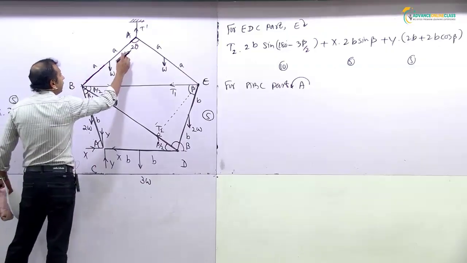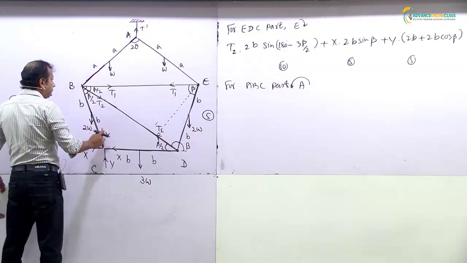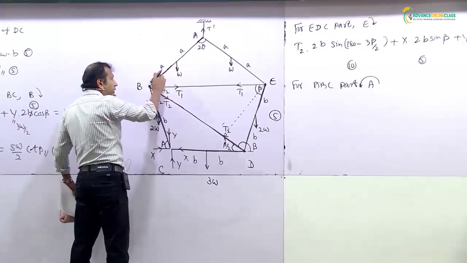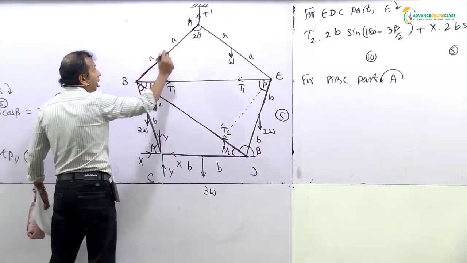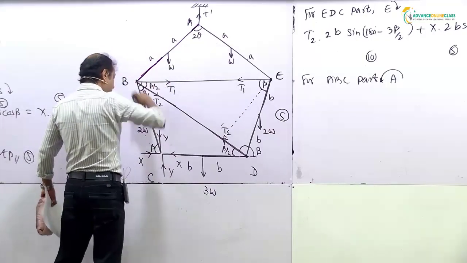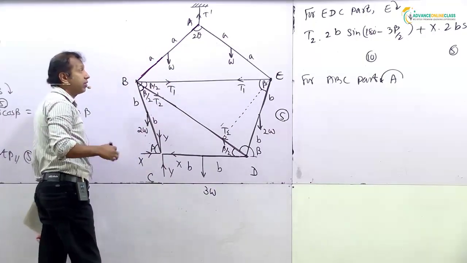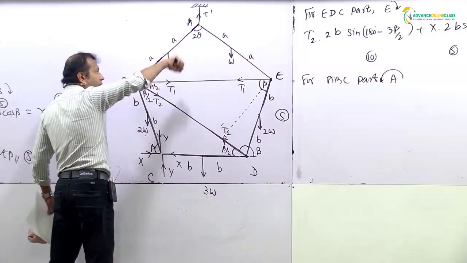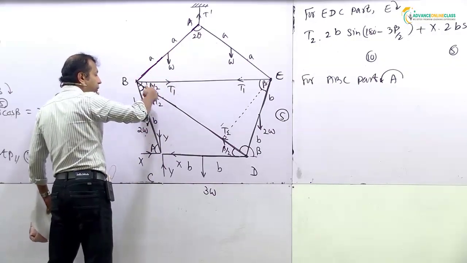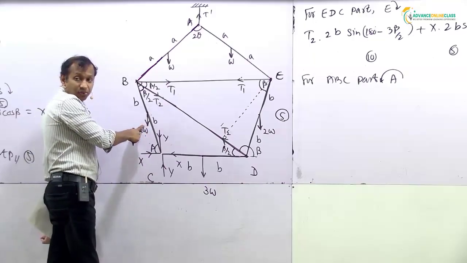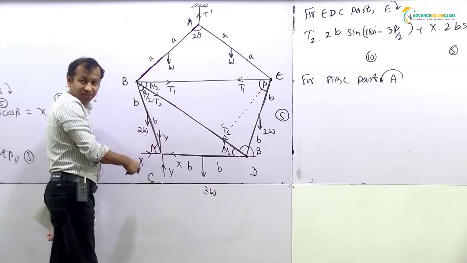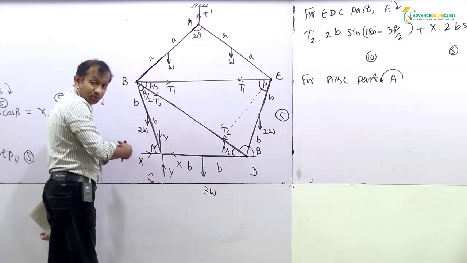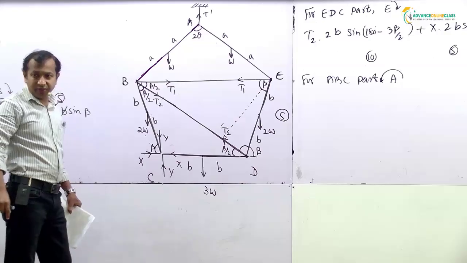We don't think that AB and BC can rotate around B. It is rigid here. Only around A, and BC can rotate. On that occasion, W gives anti, T1 anti, T2 anti, this 2W also anti, Y also anti, X also anti. Okay?